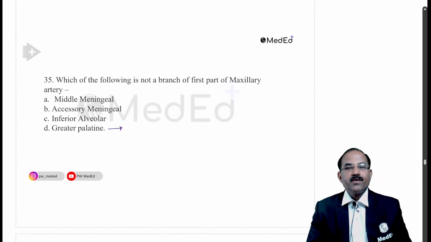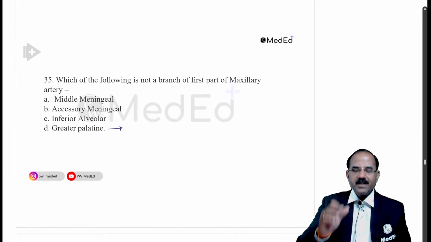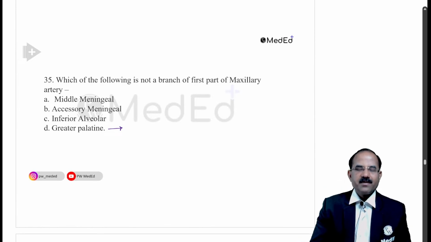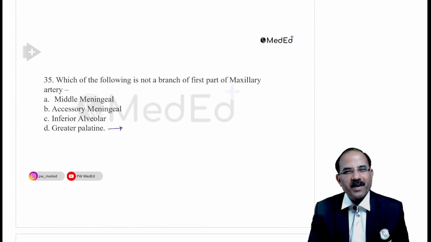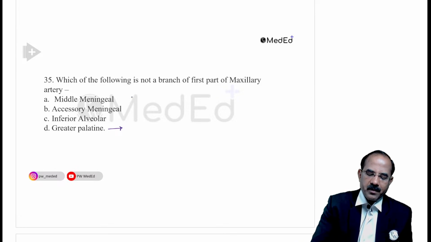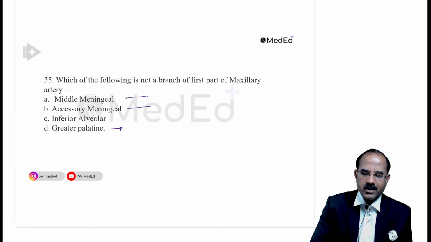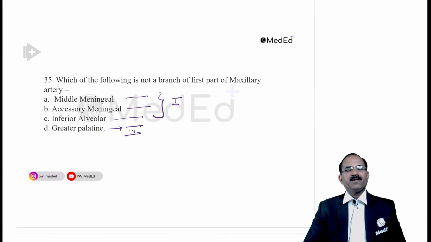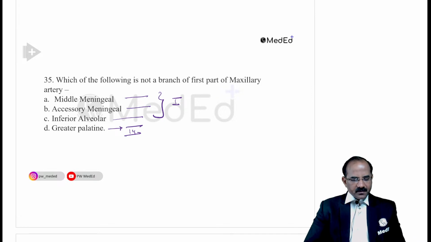Which of the following is not a branch of the first part of the maxillary artery? All these are branches of the maxillary artery only. Middle meningeal is from the first part, accessory meningeal is from the first part, inferior alveolar is from the first part. Greater palatine is from the third part.